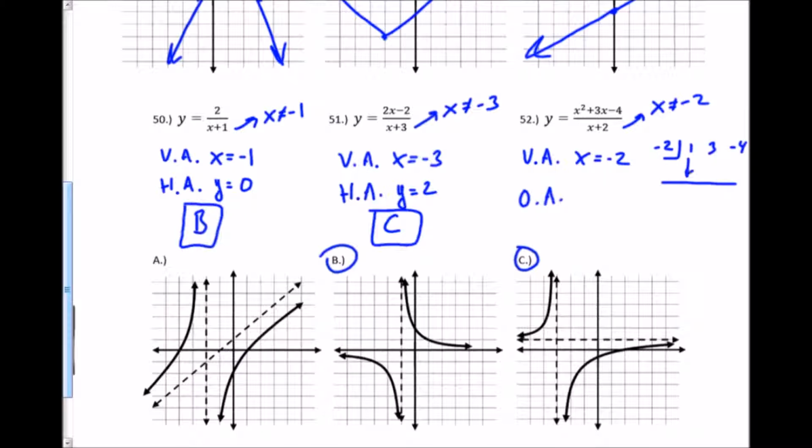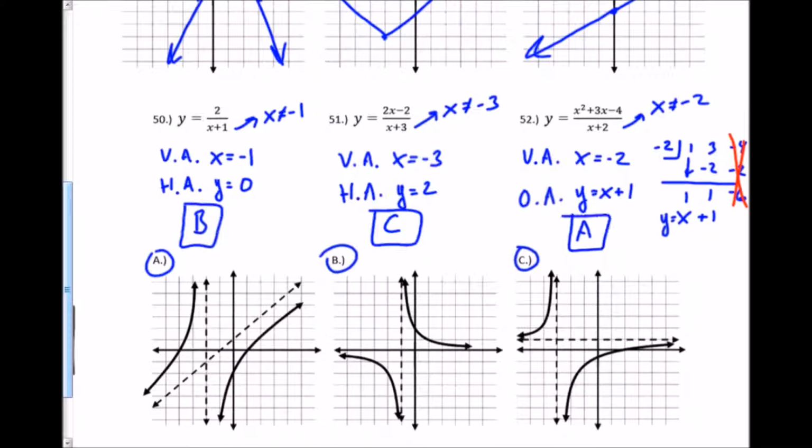So when I do that, I get a 1. I multiply. I add straight down. I multiply, I add straight down. And what happens here is I essentially ignore this piece. I ignore the remainder. I just look at this and see that this interprets into an x plus 1. Well, that's y equals x plus 1. That's the equation of a diagonal line, which is letter A, and that's what's being shown here. So that's letter A. That's it.